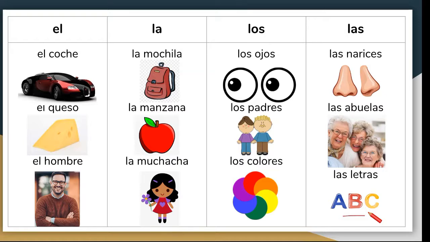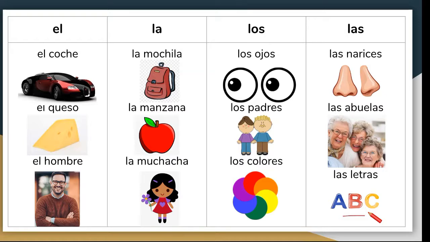So keep in mind that although Spanish has genders for each word or each noun, that does not mean that the noun or the thing in itself, or a person or whatever, is feminine or masculine in itself. It's just a part of the language.